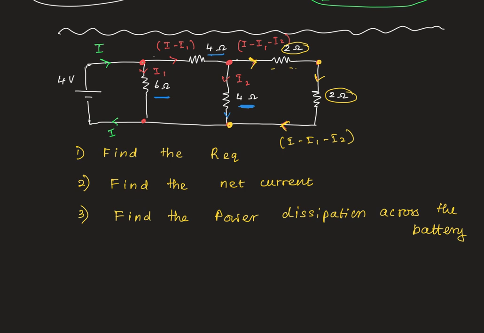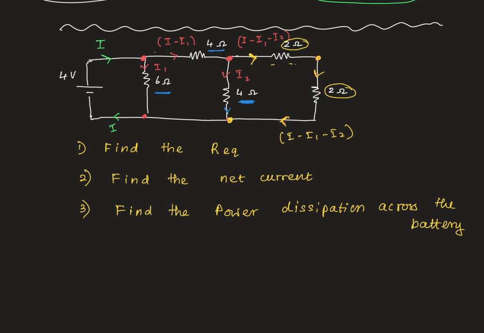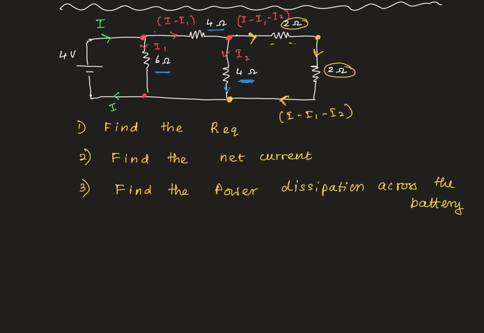So the 2 ohm resistor over here, to the right of the circuit, those two resistors that are 2 ohm each, they both have the same current passing through them. So what we do is we start with those two resistors and we try to reduce our circuit.